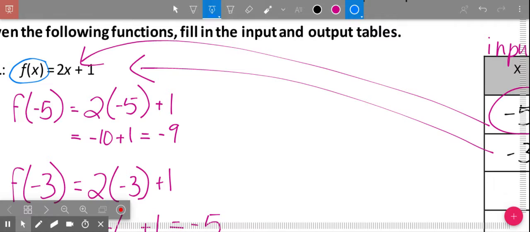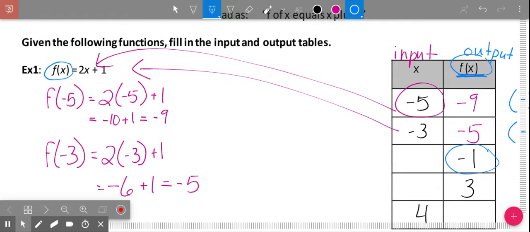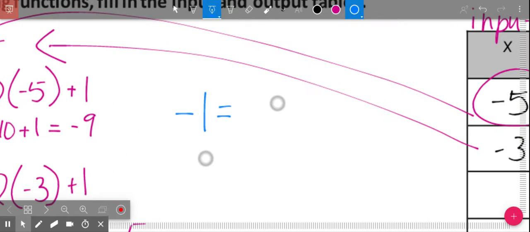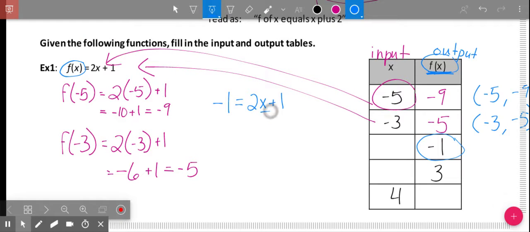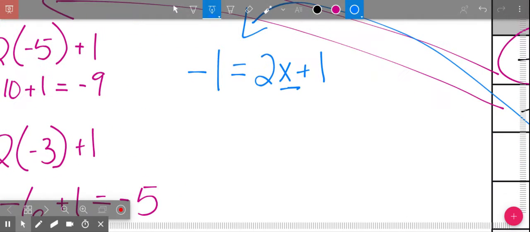Instead of f of x, now we know that that's equal to -1. So I'll have -1 equals 2x plus 1. So we have to find the x, or the input that goes with it. So we're just going to solve for x.